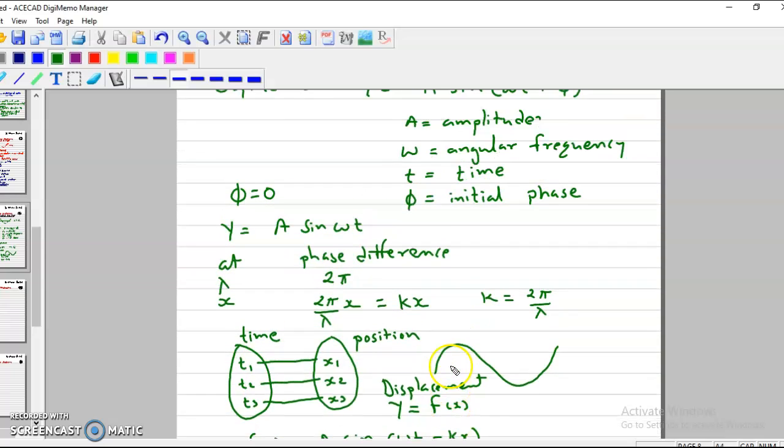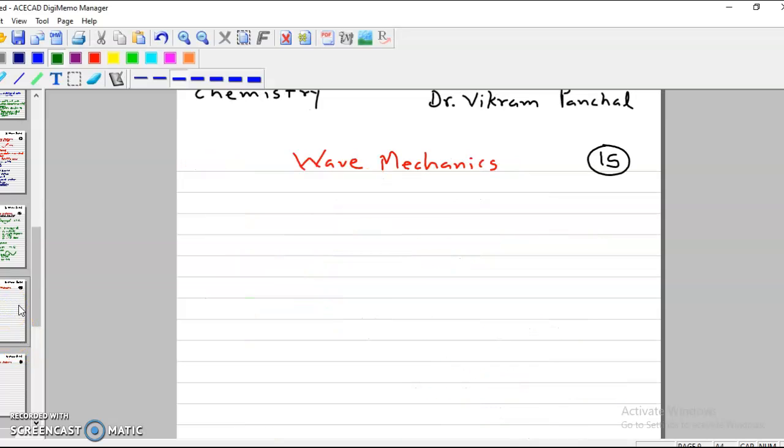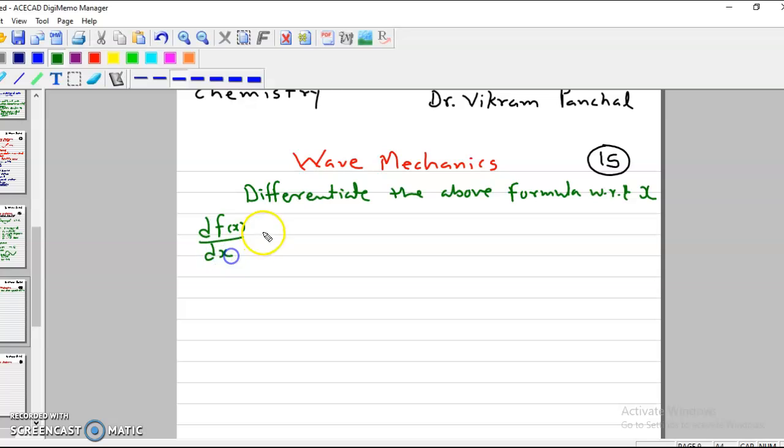Now we have to differentiate this formula with reference to x. So when we differentiate the above formula with reference to x, it will be df(x) upon dx, which is equal to a, since a is a constant, so it remains a.